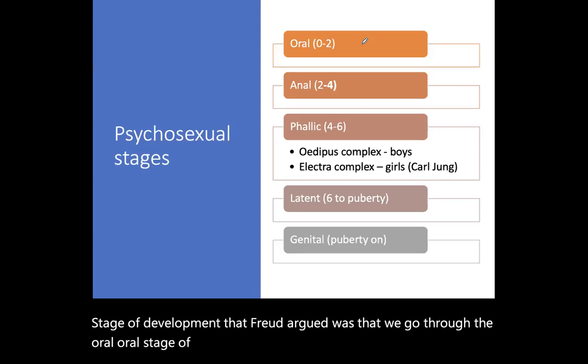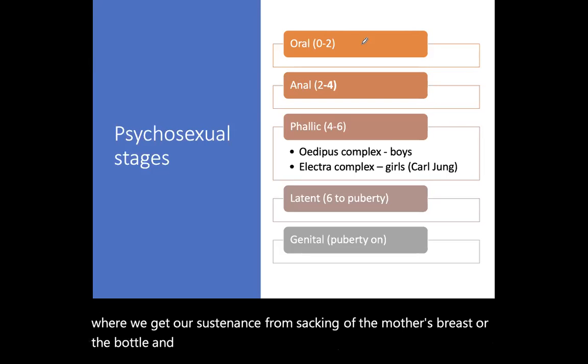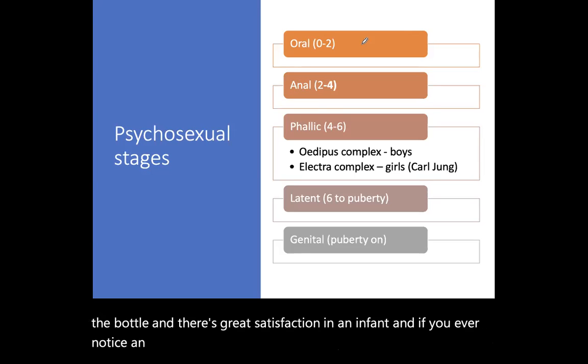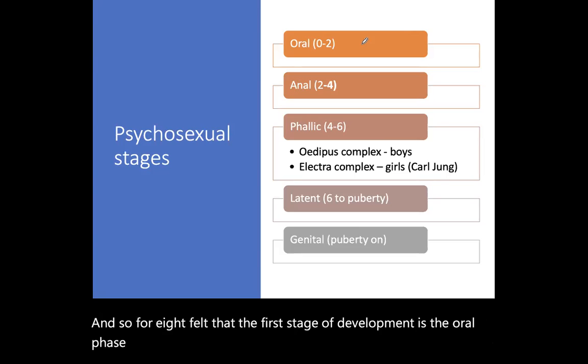Okay, the oral stage, because that's where we get our sustenance from sucking of the mother's breast or the bottle. And there's great satisfaction in an infant. And if you ever notice an infant, the first thing they always do with an object is they put it in their mouth. And so Freud felt that the first stage of development is the oral phase of development.